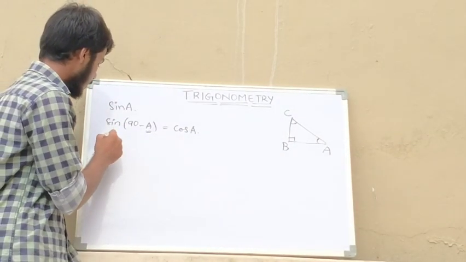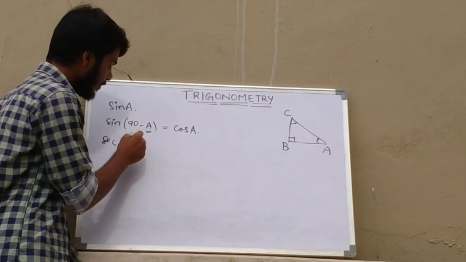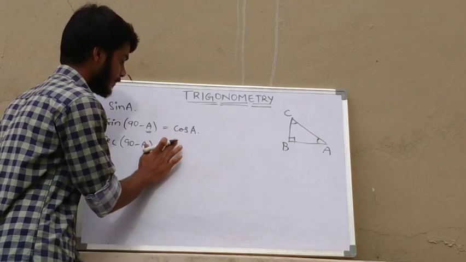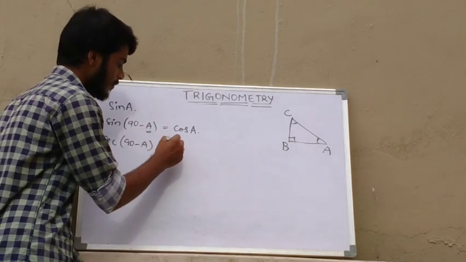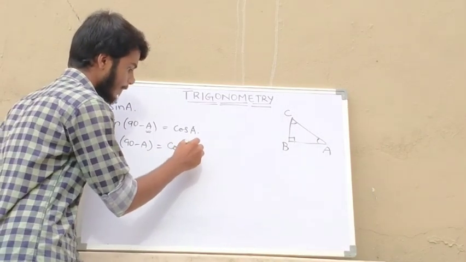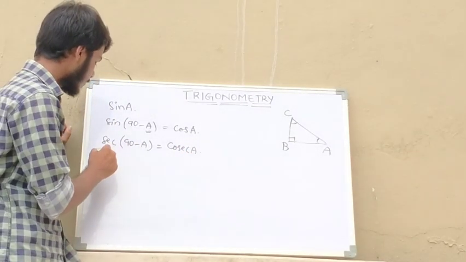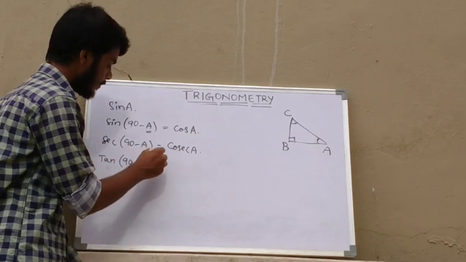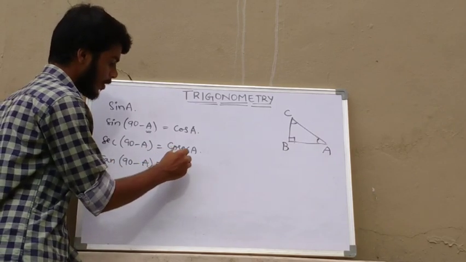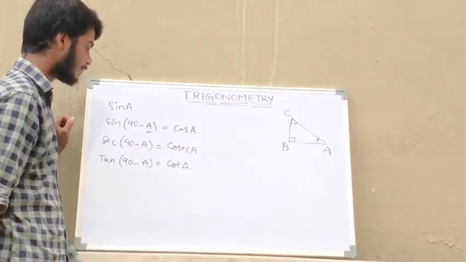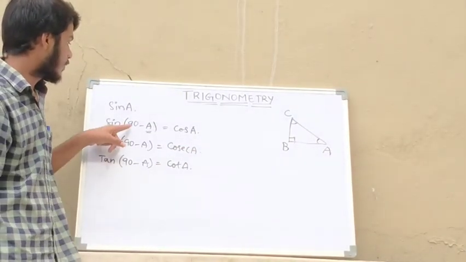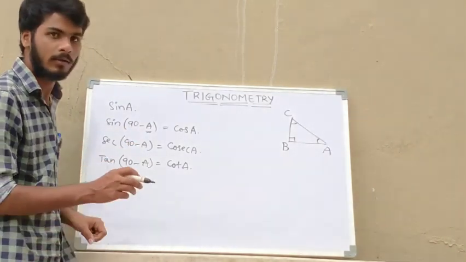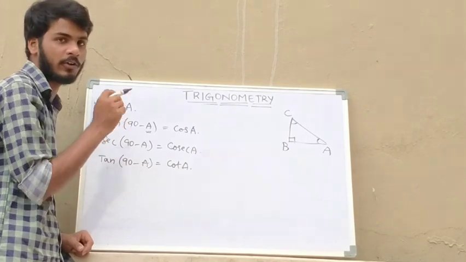Similarly, secant 90 minus A changes to cosecant A. Again, tan 90 minus A changes to cot A. Because it exists in the 90 minus angle, it is less than 90, so it exists in the first quadrant.